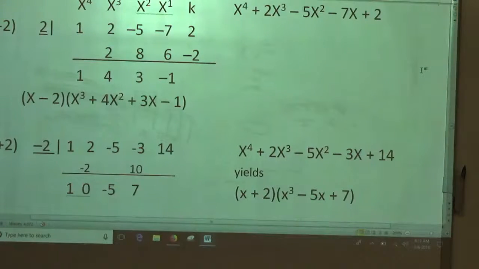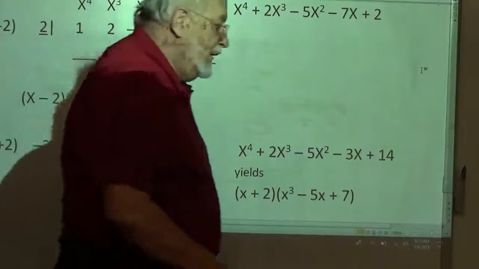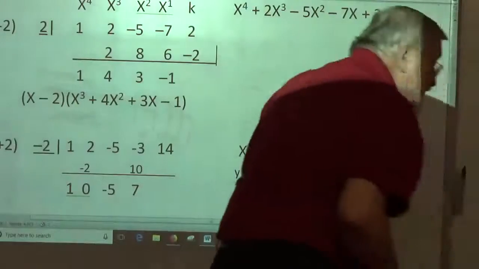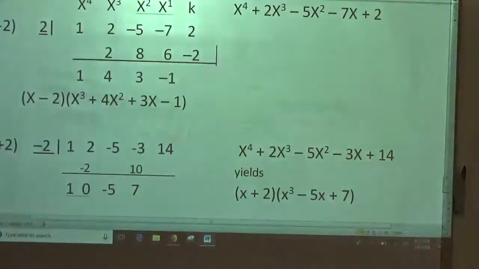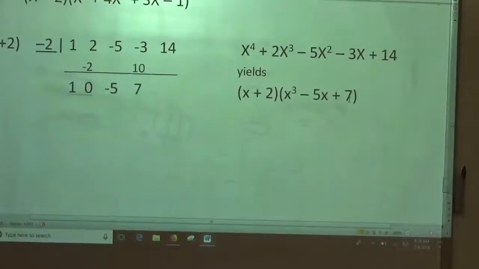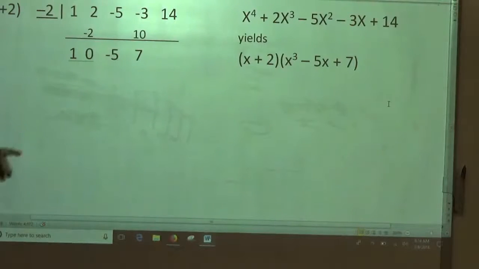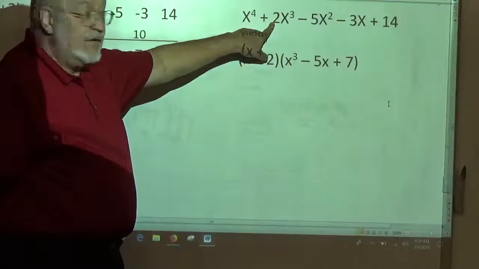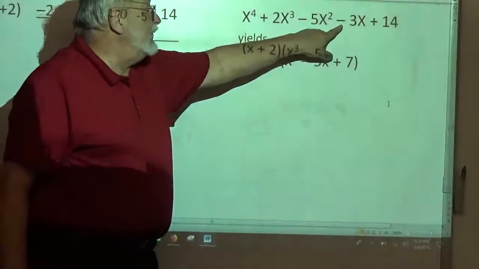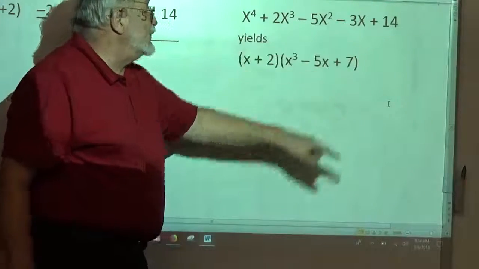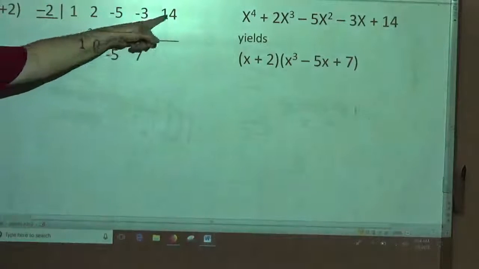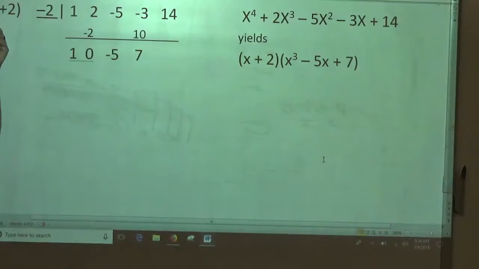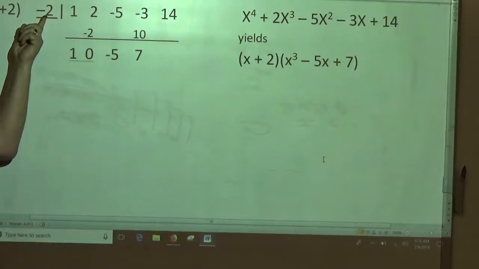Okay? All right, now here's another one that I put up, which was not up last week. So this is another example of synthetic division. All right, if I have x fourth plus 2x third minus 5x squared minus 3x plus 14, and I set those up here, and I found out from my remainder theorem that a negative 2 will make a 0.